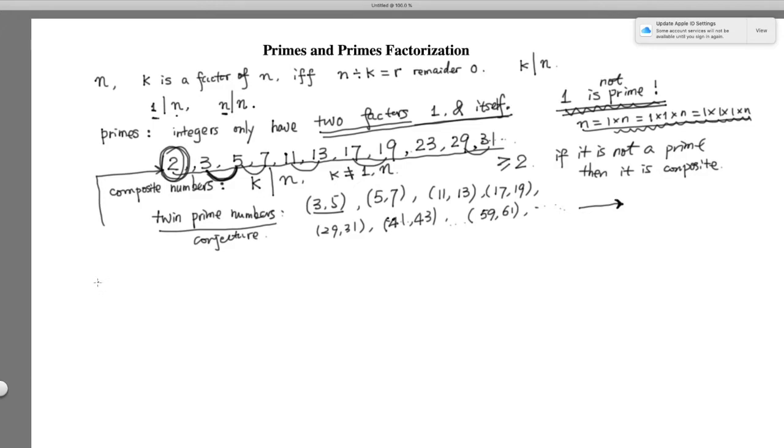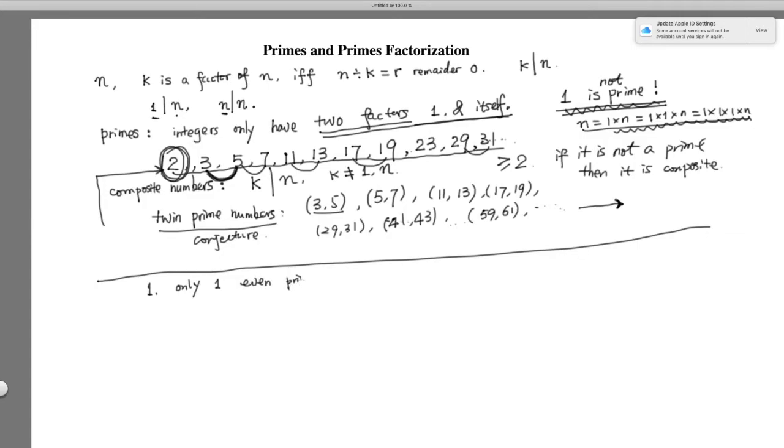So we have talked about prime numbers. There are still a lot of unresolved problems out there. But still, we know a lot about primes already. There are some simple facts I already mentioned. One is there's only one even prime number, which is 2.